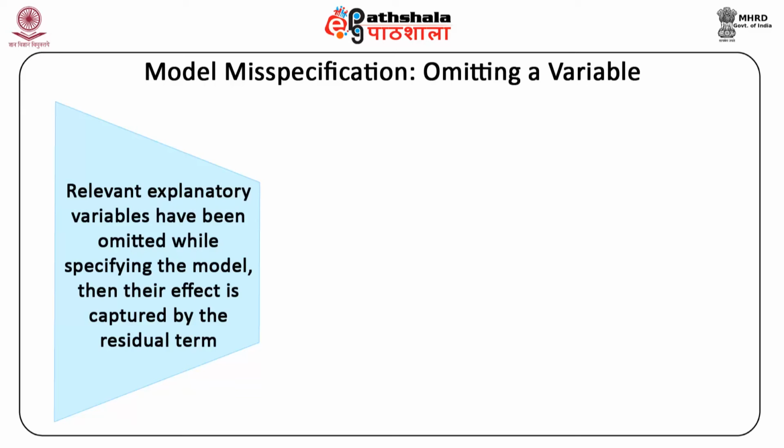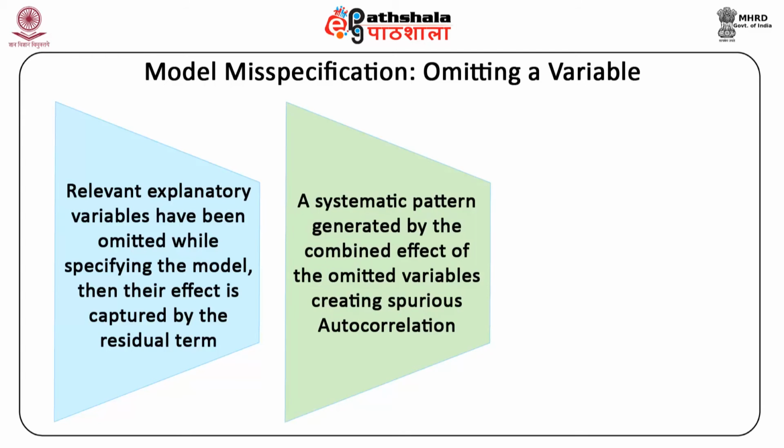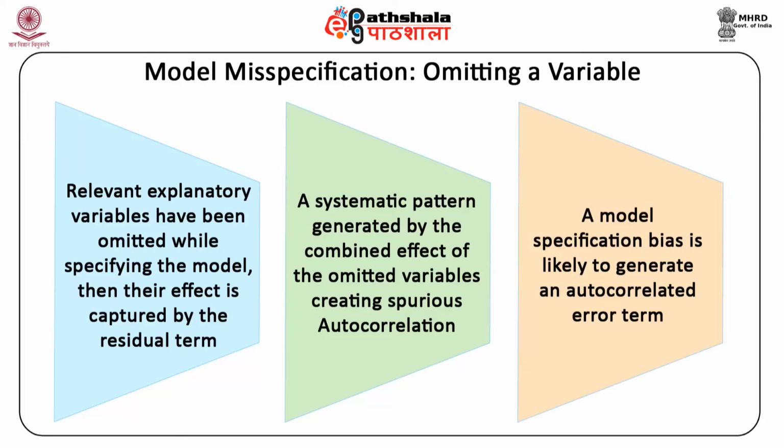It may also result in exhibiting a systematic pattern generated by the combined effect of the omitted variables, creating spurious autocorrelation. Thus, a model specification bias is likely to generate an autocorrelated error term.